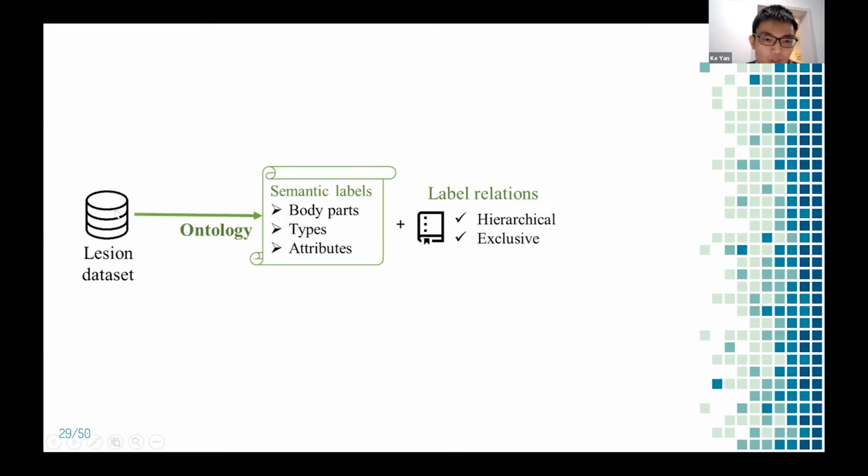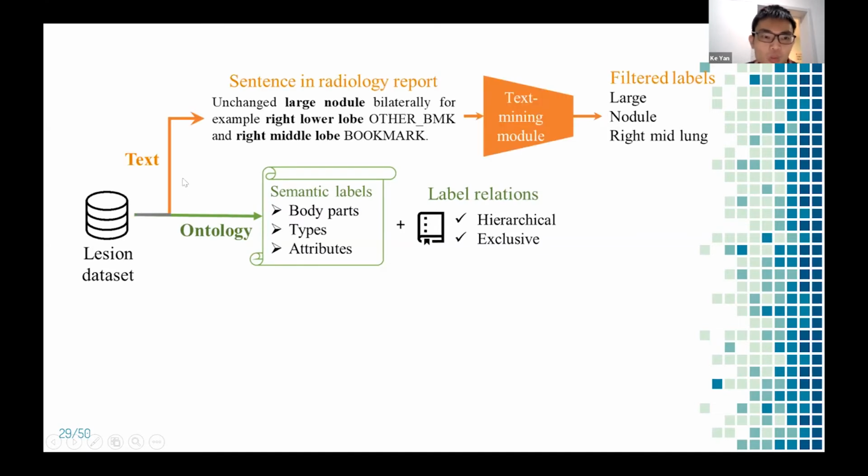So this is the framework of our algorithm. Given a lesion dataset, we first define an ontology of the lesion labels. For example, we have body parts, lesion types, and lesion attributes. And then we further define some label relations, including the hierarchical and exclusive relations of each label. And then we designed an NLP algorithm to find the labels from the free text radiology reports.